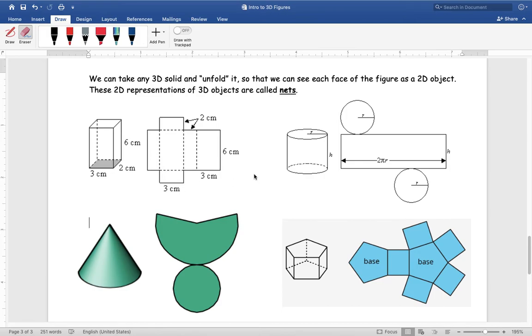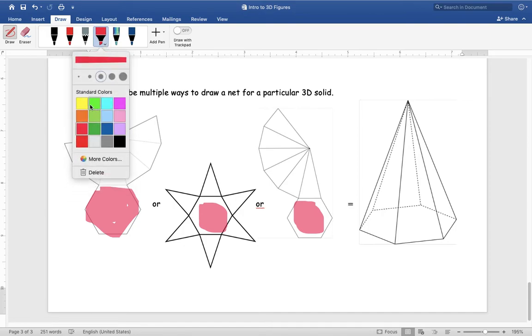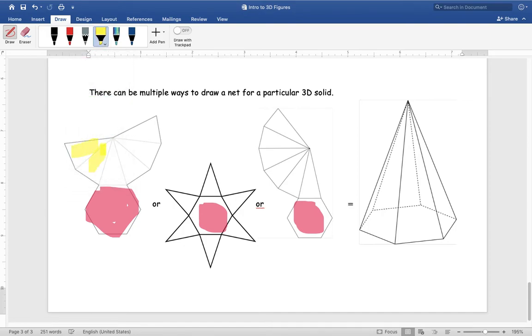But I think a better way to show you guys is to actually show you when you have three different nets here that can all fold together to form the same shape. So again, here you see a hexagon inside this thing. You see a hexagon in the middle here. You see a hexagon down here. Every other face that you see, every other two-dimensional object, is a triangle.